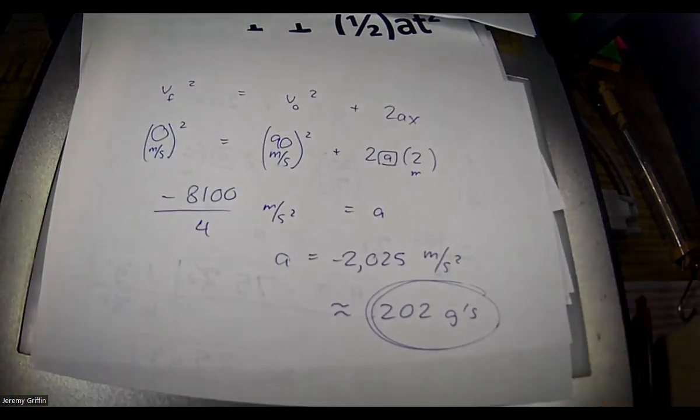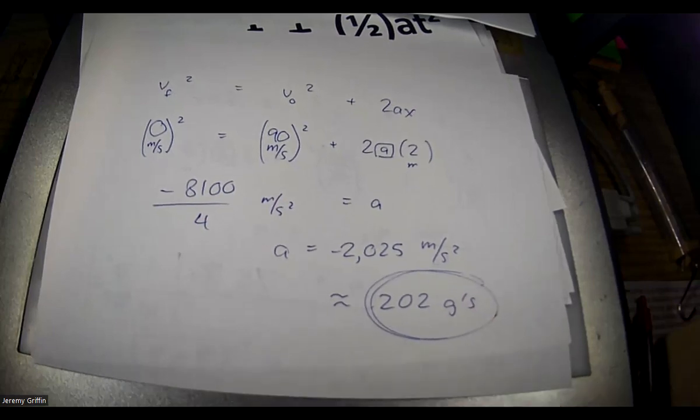I think that's an overestimate based on what was there, but about the right order of magnitude. That's what you might call a back of envelope calculation based on video evidence. So it's upwards of about 200 G's. Now, since it was only a fraction of a second, he lived, but I'd like to walk away from that one.